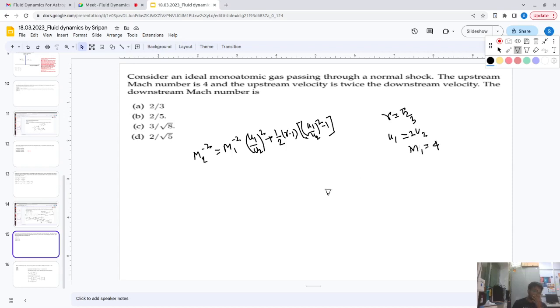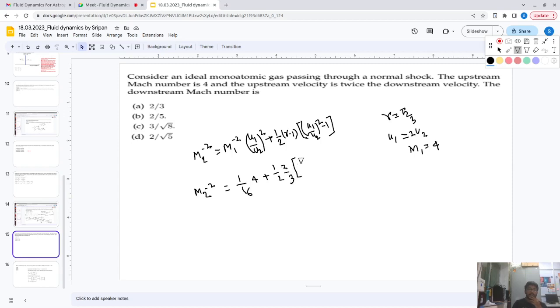Now if this is the case, m2 to the power minus 2 is, m1 is this, so 1 by 16, u1 by u2 is 2 square, that means 4, so 1 by 4 plus half, 5 by 3 minus 1, that is 2/3, right?